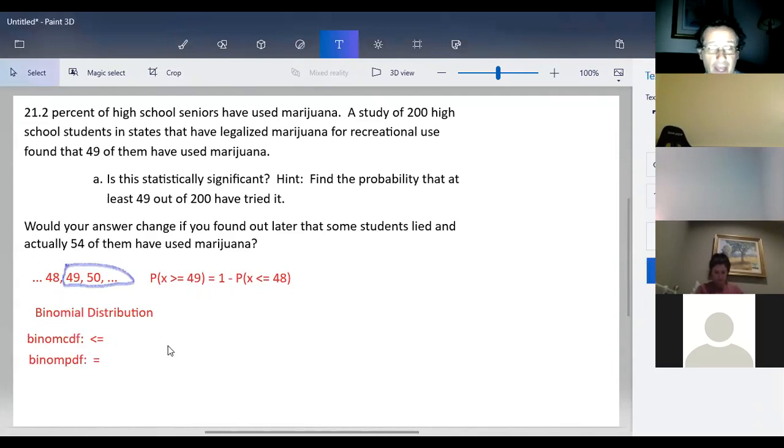Any questions on that? You'll see that in your calculator. I can't show it to you, but I can describe it. I'll do it on the spreadsheet, but I can describe it as you're putting it in your calculator and show you exactly what to do. Any questions on that so far?